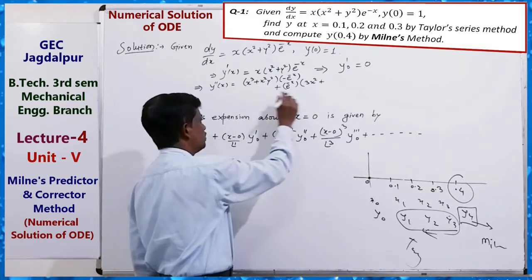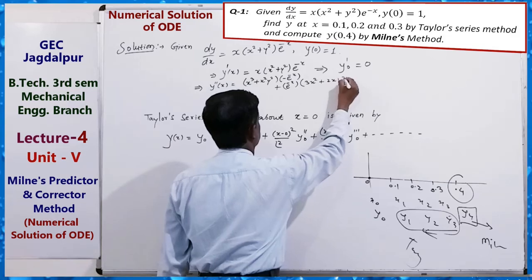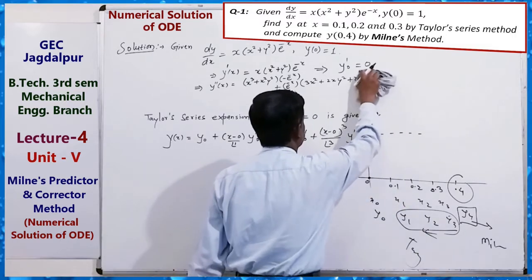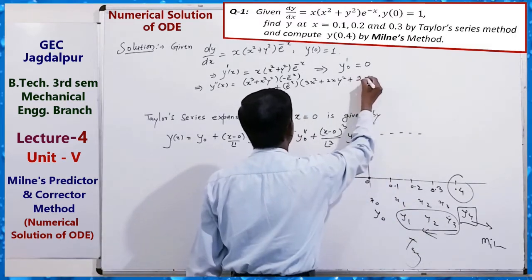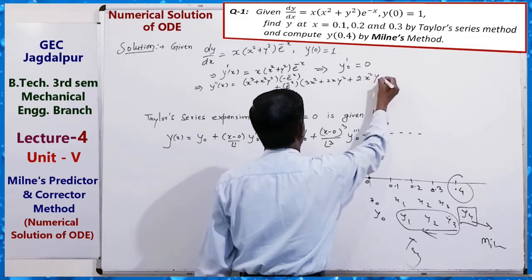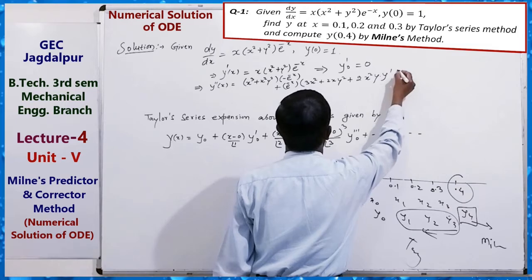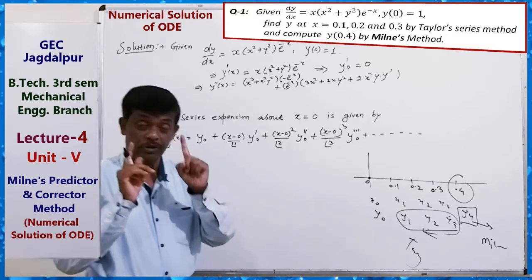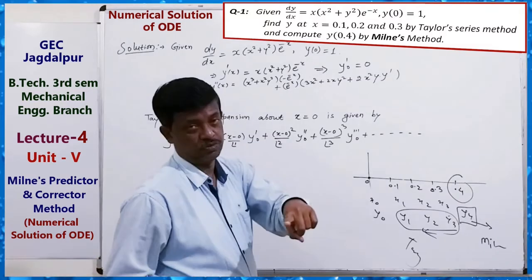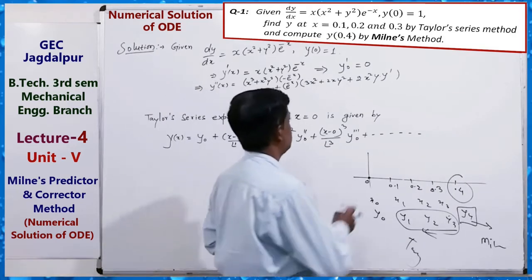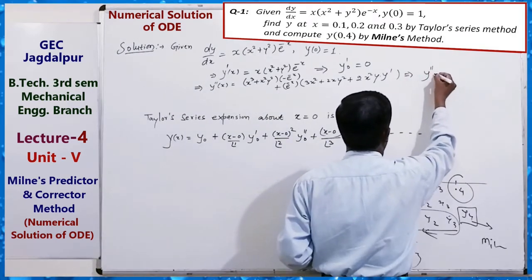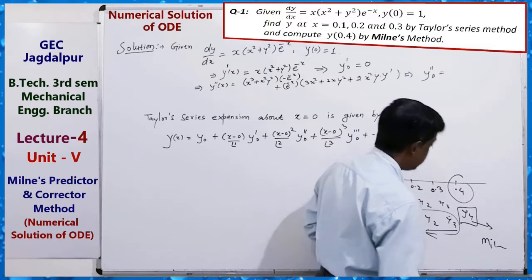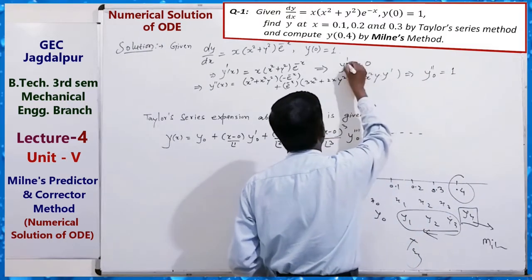So this is the first function, this is the second function, so 2x y square plus x square into 2x square y into y dash. This is the second derivative. Now we can put 0 for x, and we can get y double dash at 0 as 1. It can be written also like this.